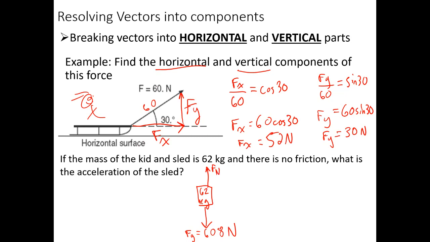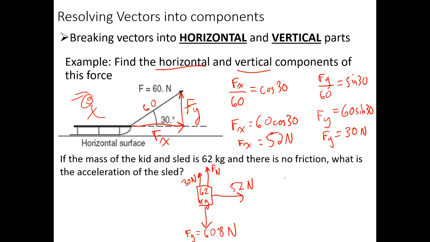And up to now, our normal force has equaled our force of gravity on a flat surface. That is not the case anymore if we have a force being applied at an angle. So instead of putting 60 newtons on this free body diagram, I'm going to break that force into its two components. The force that's pulling in the x direction is 52. The force that's pulling in the y direction is 30.